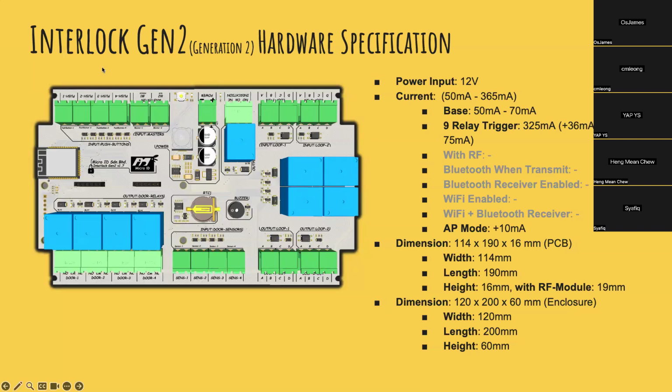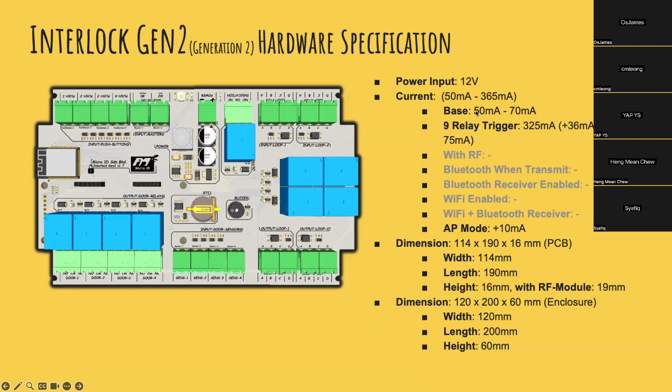Okay, so Gen 2 specifications. The dimension of Gen 2 is about 2 times bigger than the IO board itself. It comes with a DIN rail enclosure. It has a dimension of 120 by 200 mm.